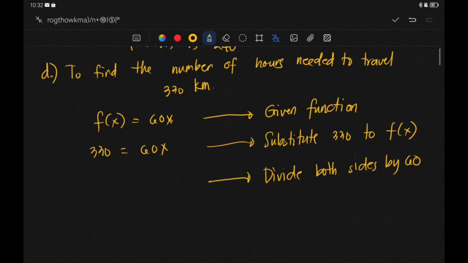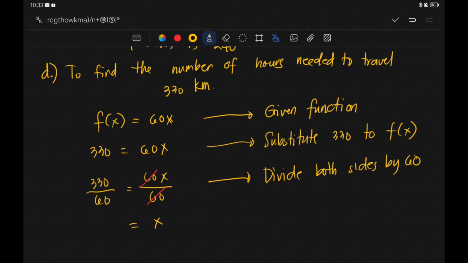Why are we going to divide both sides by 60? I-divide na to both sides by 60 kay para makabalota sa value ni x. Mawala ang tapad ni x na more than 1. So, 60 divided by 60, that's 1. So, ang nabilin is only x.